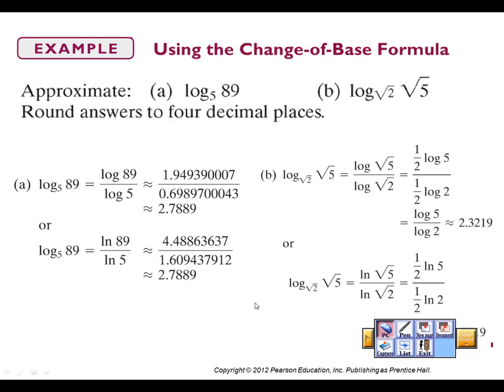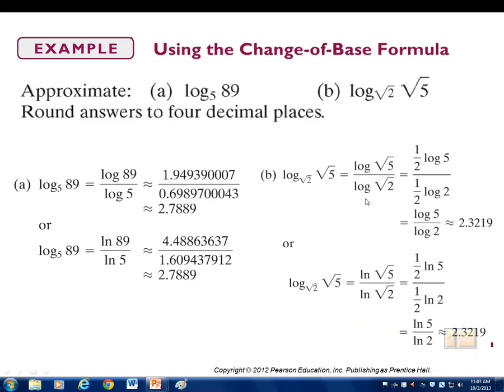Okay, well let's look at B. Here, this would be log square root 5 over log square root 2. They took the 1/2s out, but in the calculator you could just use the square root of 5. And so we get 2.3219.